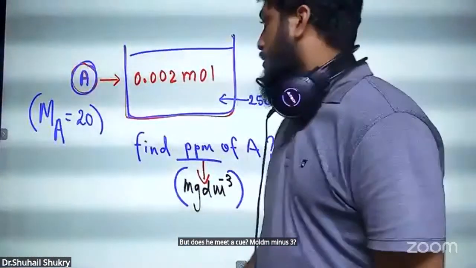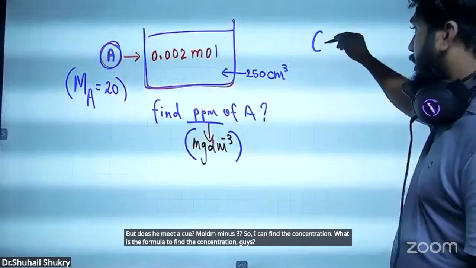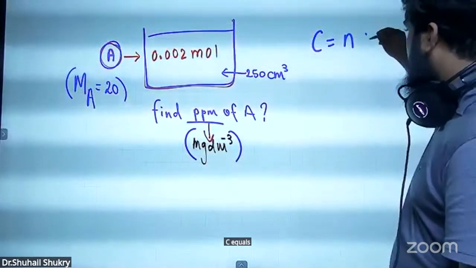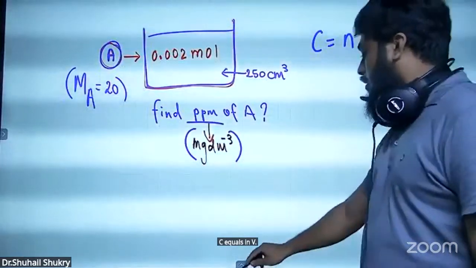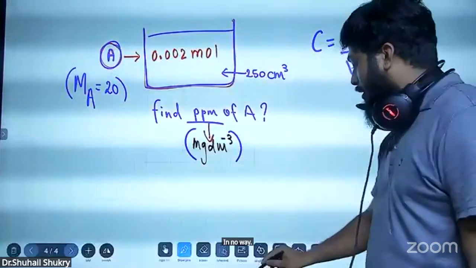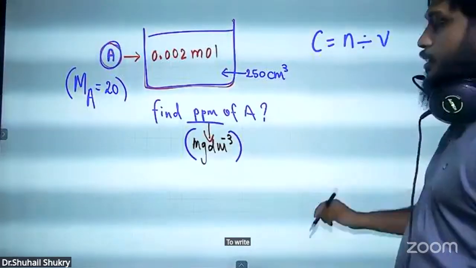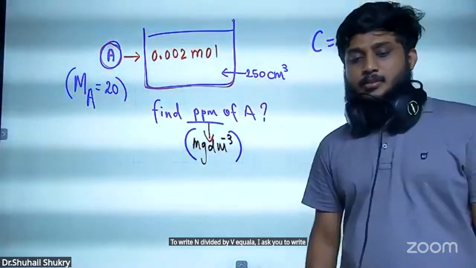What is the formula to find the concentration, guys? C equals n over V. I asked you to write it as n divided by V, so it will be easy for us.